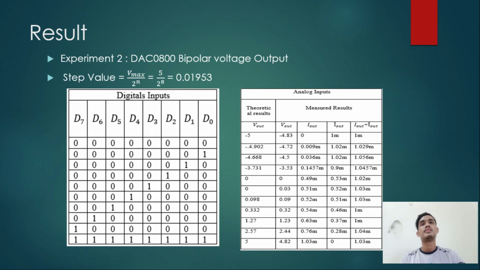This is the result for experiment number 2, which is the experiment that used the bipolar voltage output circuit. To get the theoretical result from the digital inputs, we just use the equations that we mentioned in the previous slide, and we get the results shown in the slides.